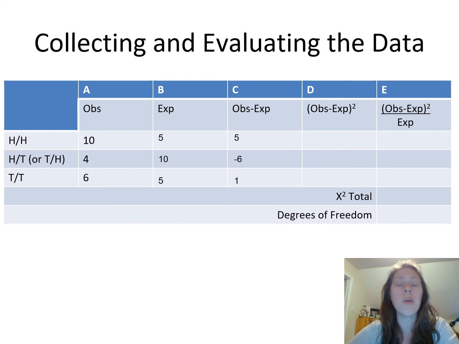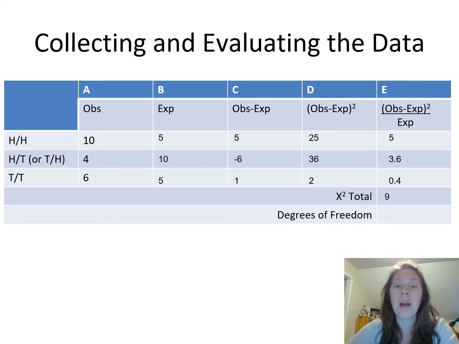It's okay if you get negative numbers, because remember, you're going to square this, so that will get rid of the negative. These are my numbers once I take my observed minus expected outcome and square it. Then I'm going to do the last step: take each of those numbers and divide by the expected value. And then to actually get my chi-squared, remember I have to sum them. So I'm going to add those three numbers together and I get 9.